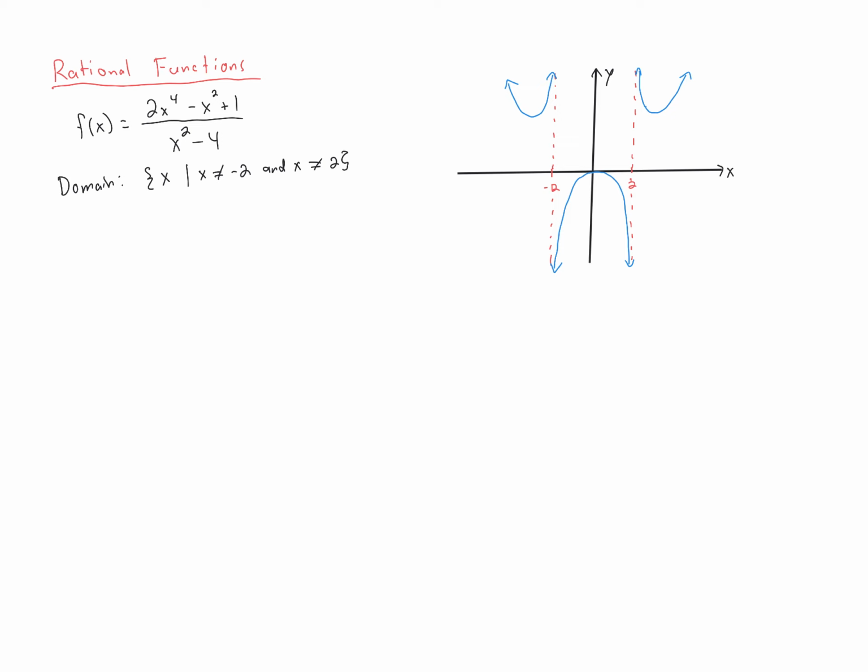With rational functions, we often have vertical asymptotes. It's also possible to have horizontal asymptotes. In fact, we've already seen an example of a rational function in a previous video. F of x equals 1 over x is also an example of a rational function, and that one had a vertical asymptote and a horizontal asymptote.